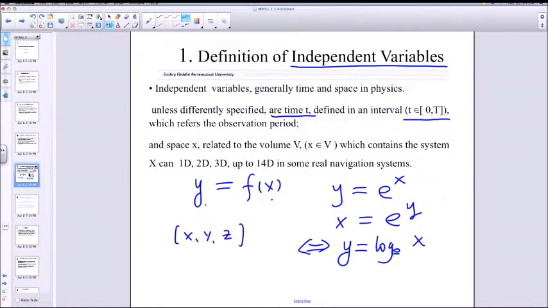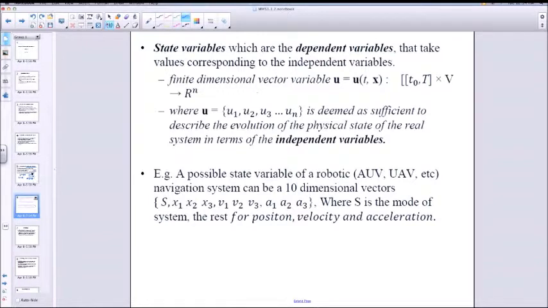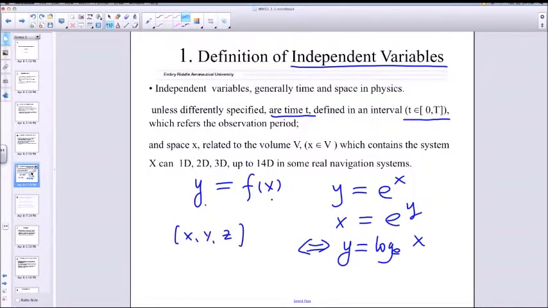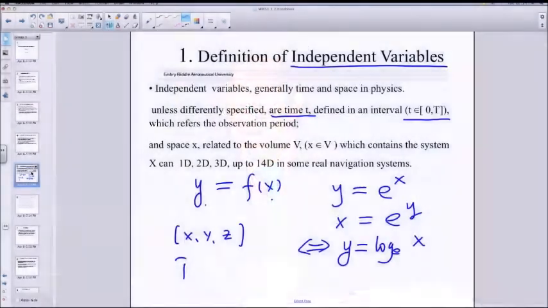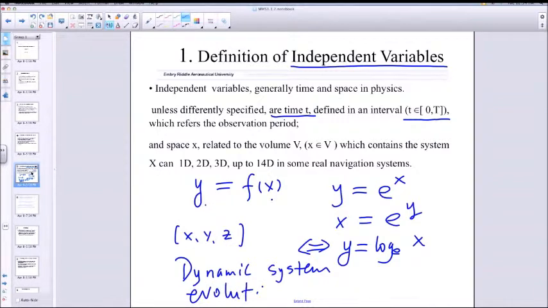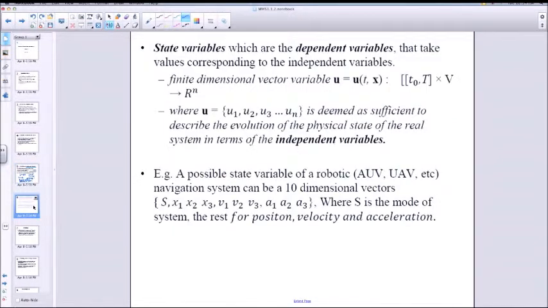It really depends on what you are talking about. Since the time t is implicitly the independent variable, we sometimes call this a dynamic system. And in this context, sometimes we call it the evolution of the system. That's the same concept: the change over time.